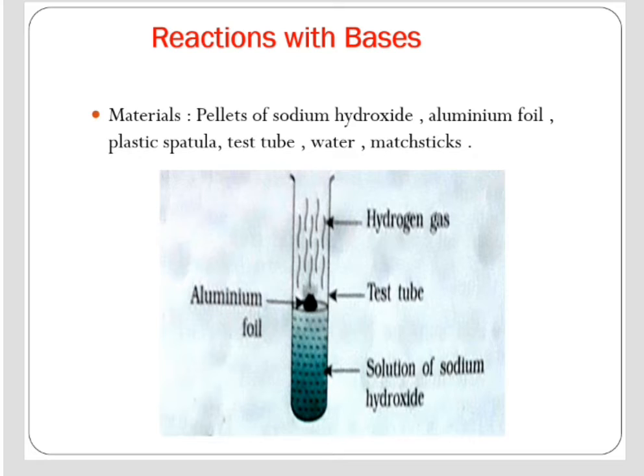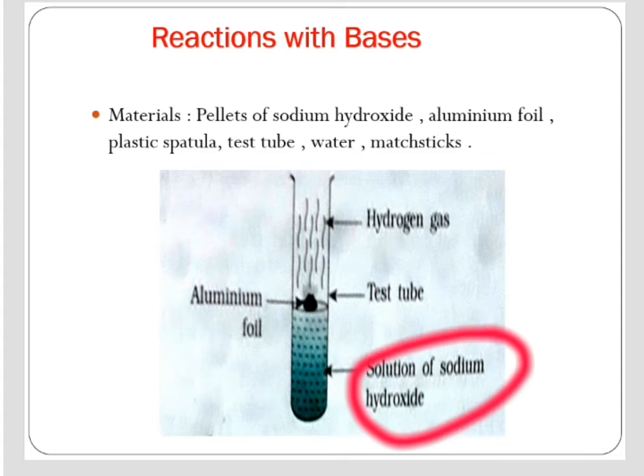Procedure: take 2-3 pellets of sodium hydroxide with a plastic spatula in a test tube and add 5 ml water to make a solution of sodium hydroxide. Take the solution in a test tube.